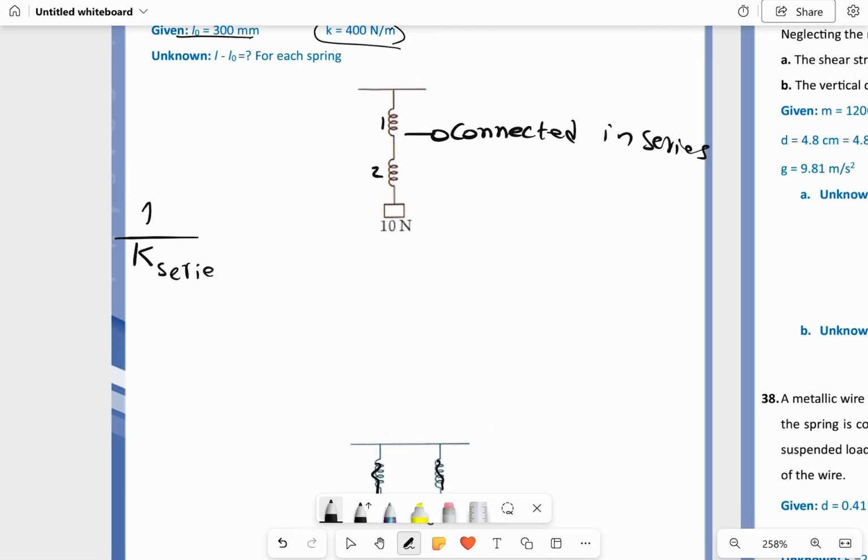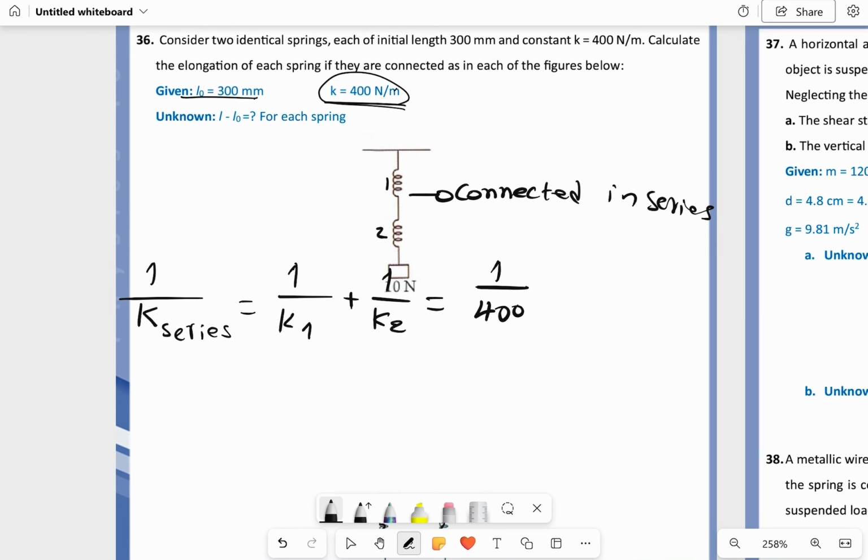Then you'll say 1 divided by the first spring constant, plus 1 divided by the second K. Because these are connected in series, it will be 1 divided by 400, because spring constant is equal to 400, plus 1 divided by 400. Now, this is for the second one.